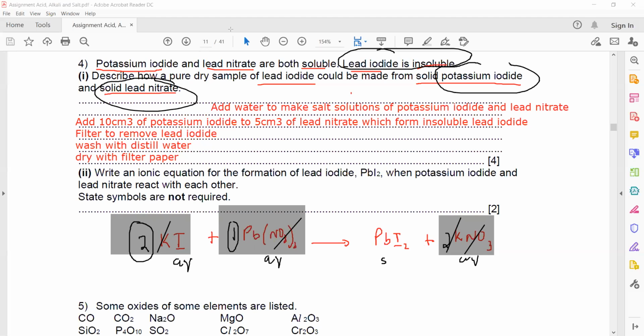So what am I left with? I'm left with 2 iodide ions and 1 lead ion. This results in the formation of lead iodide, PbI2. This is an ionic equation.